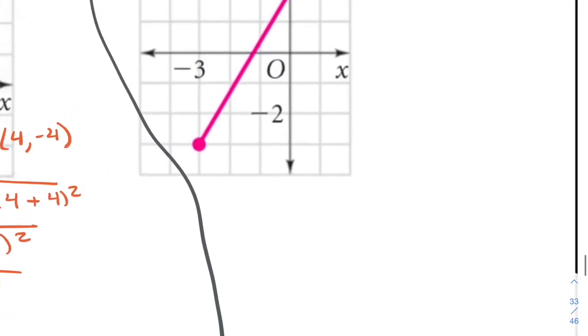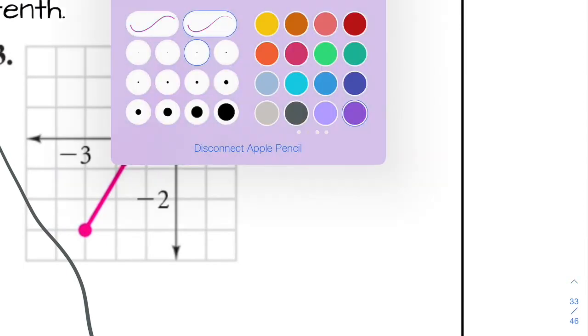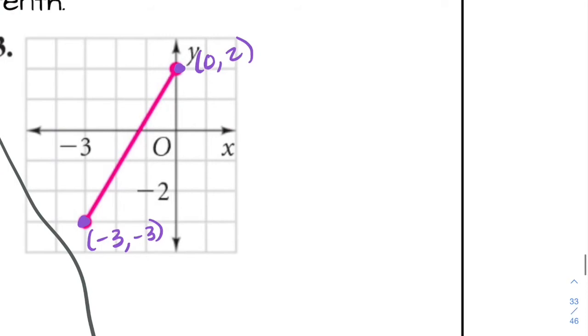All right, this last one. We got 0, comma 2. It's counting by ones again. And then negative 3, comma negative 3. All right.